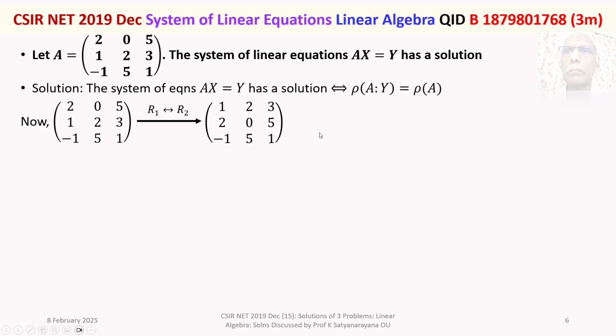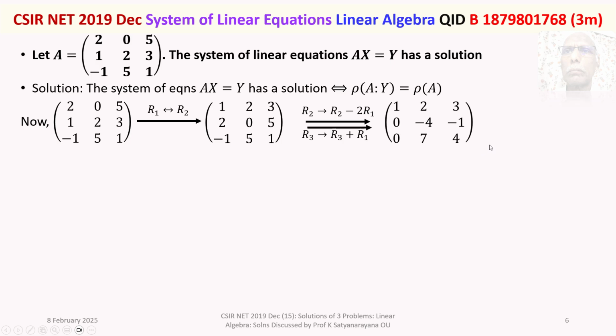To do so, we apply this elementary transformation: R2 is R2 minus 2R1, thereby this becomes 0. R3 is given by R3 plus R1, thereby this becomes 0. Perform the operations, then we get this matrix.